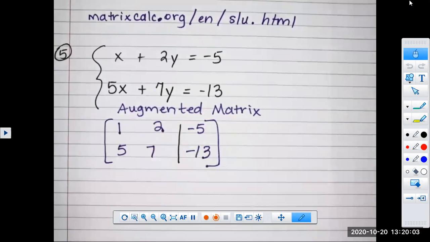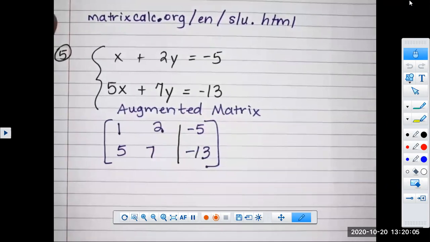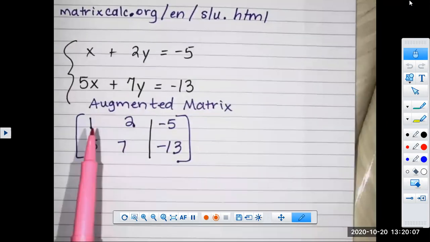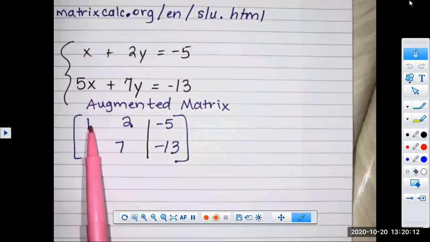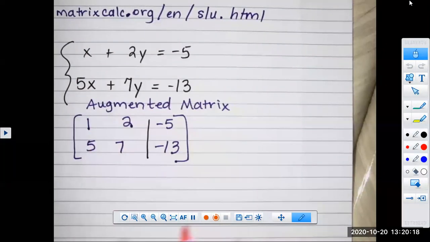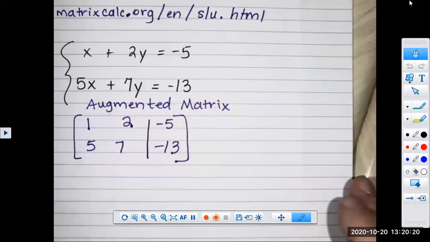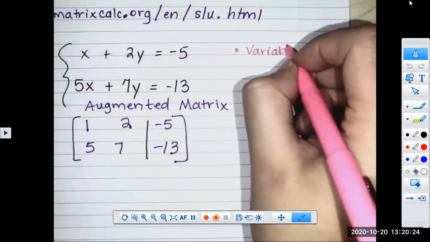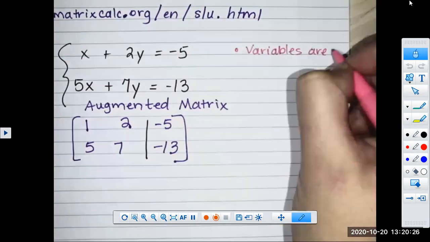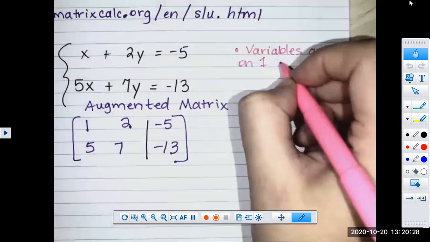Now, one thing that you have to be very careful of, notice that 1 and 5 are associated with x. So if you start with the values of x at the top left, you need to make sure they follow that column all the way down. Always make sure your variables are on one side, constants all on the other.